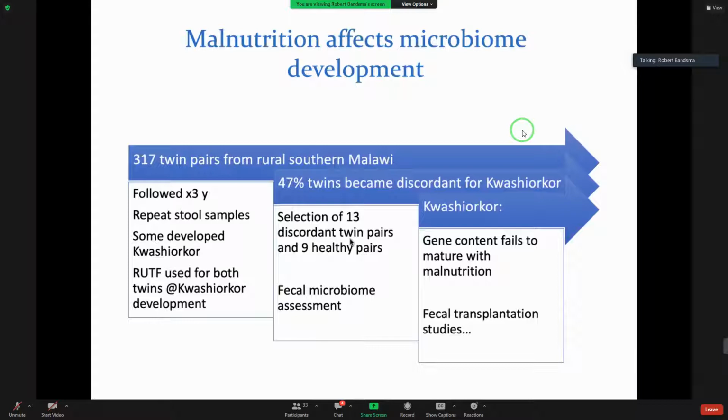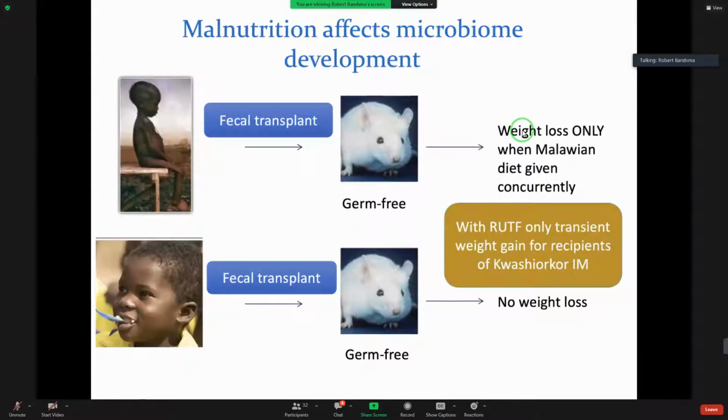And then in a really elegant set of studies, they actually used the stool from these children to do some further experiments in the lab. They transplanted a little bit of the stool into germ-free mice. And then they exposed the germ-free mice to either a normal diet or a Malawian-based diet.